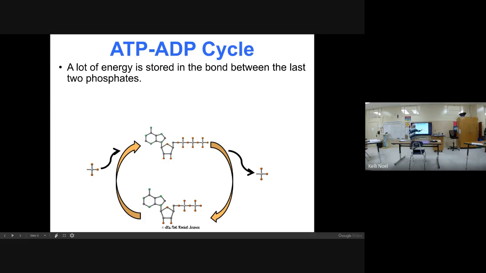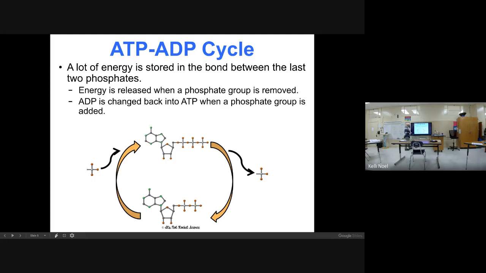And that becomes ADP, adenosine diphosphate, di meaning two. And then what happens is this stays in the cell, and then when the cell needs energy, a phosphate is added to it to make the ATP again. And so this is a cycle. So it's just the removing and adding of a phosphate group, and it happens over and over and over.